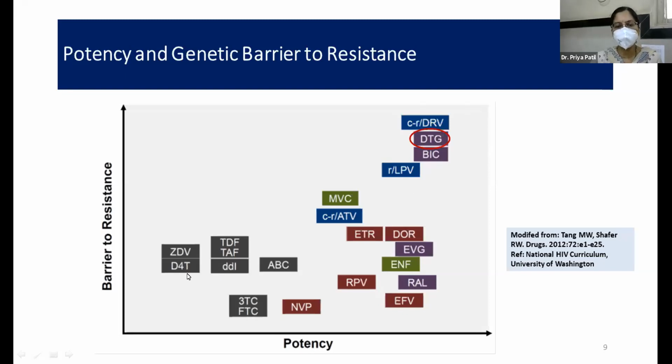Then there are some drugs which you can see on this side, like tenofovir and lamivudine, which have low potency and again a low barrier to resistance. Then there are some like raltegravir, where the potency is much better, but the barrier to resistance is lower, much lower as compared to darunavir. So the drugs which have both the advantage of good potency as well as a high barrier to resistance are the best drugs. So dolutegravir has both these advantages of being highly potent as well as having a high barrier to resistance.